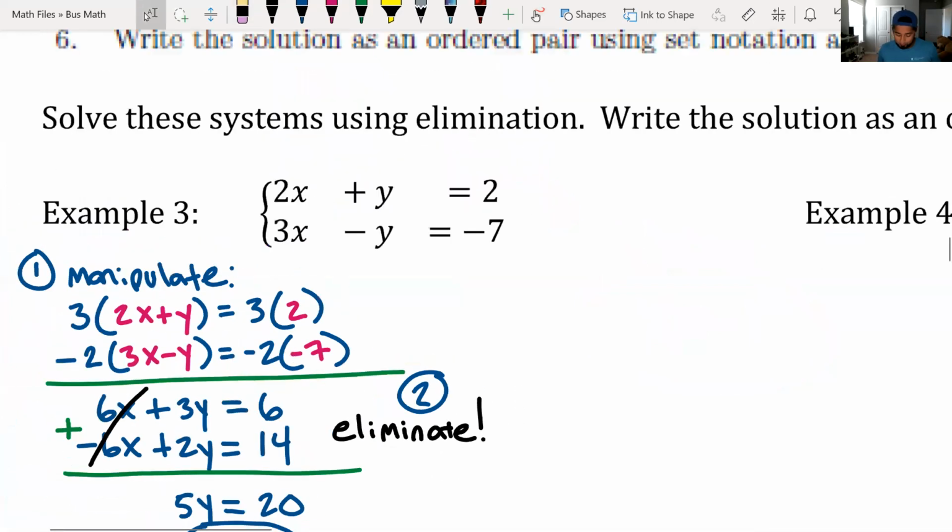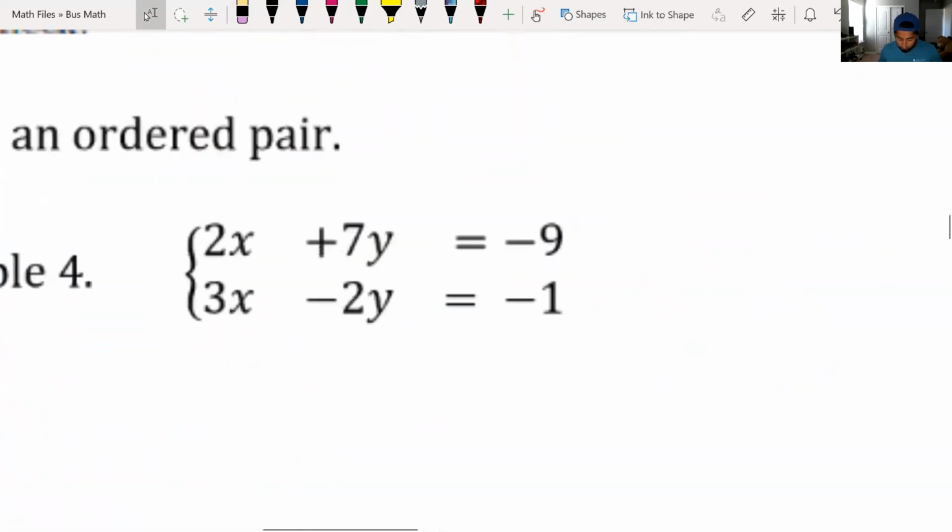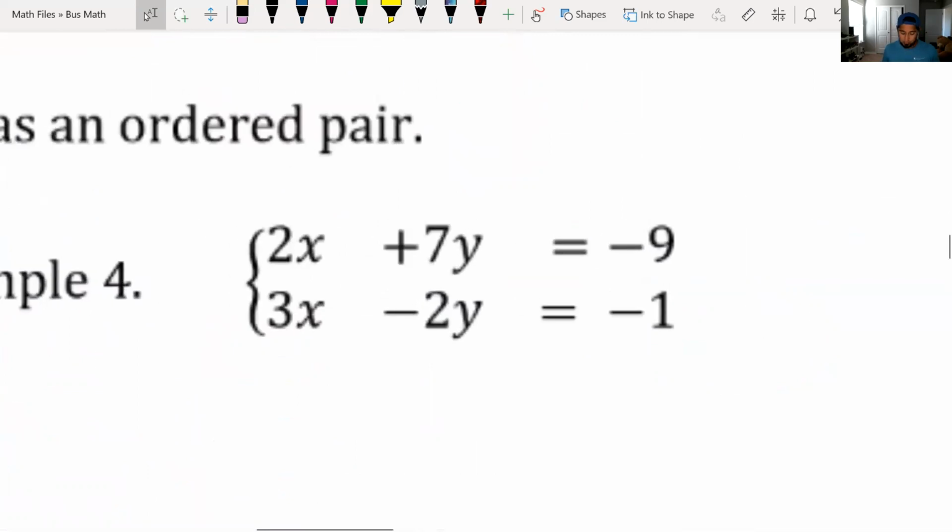All right, let's do it again. Example 4. All right, look at this. 2x plus 7y equals -9. 3x minus 2y equals -1. All right, so I guess one way to think of this is, what do you pick?